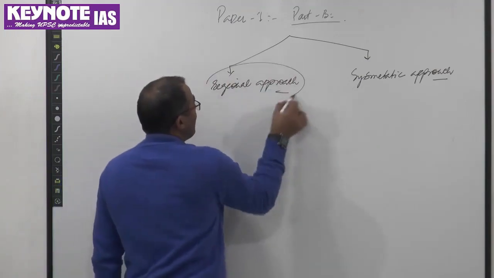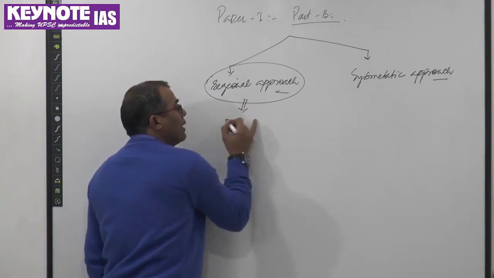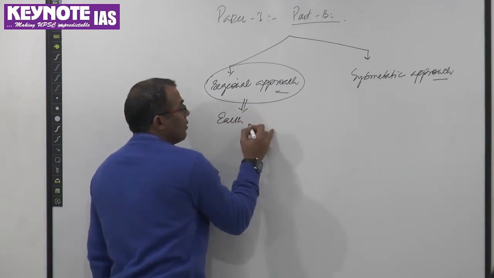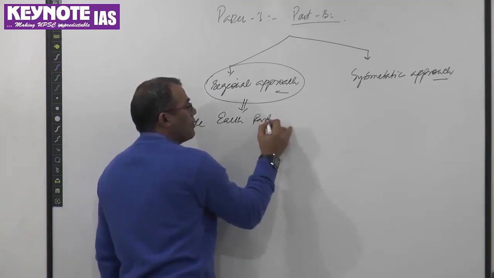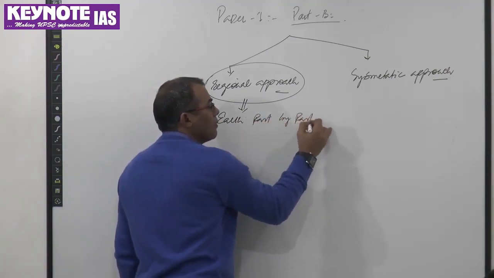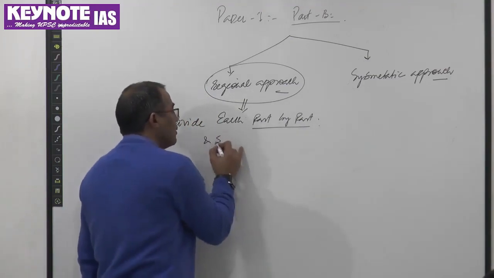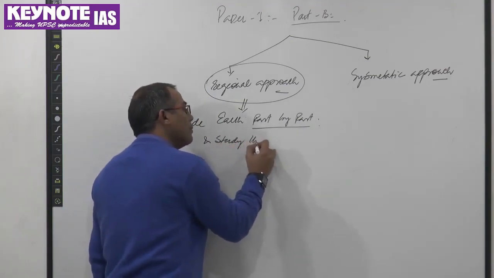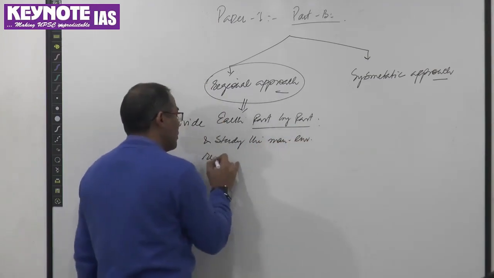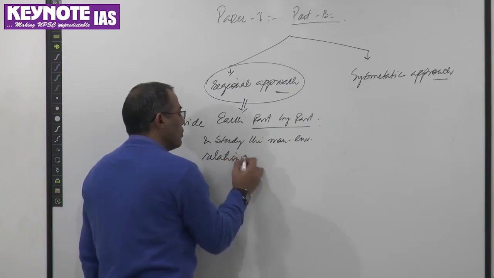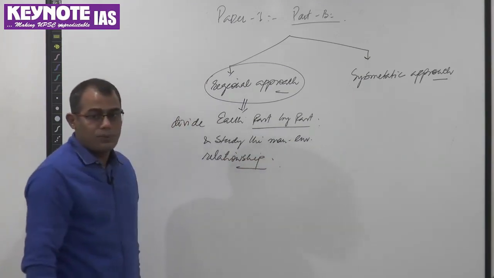What do you mean by regional approach? The regional approach is when you divide the Earth part by part and study the man-environment relationship.